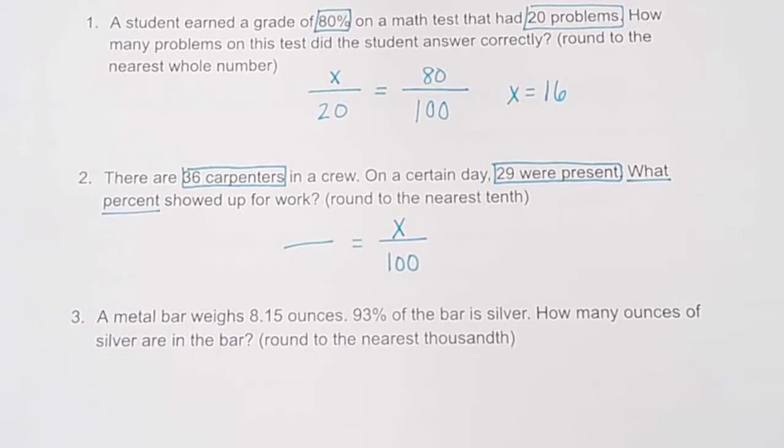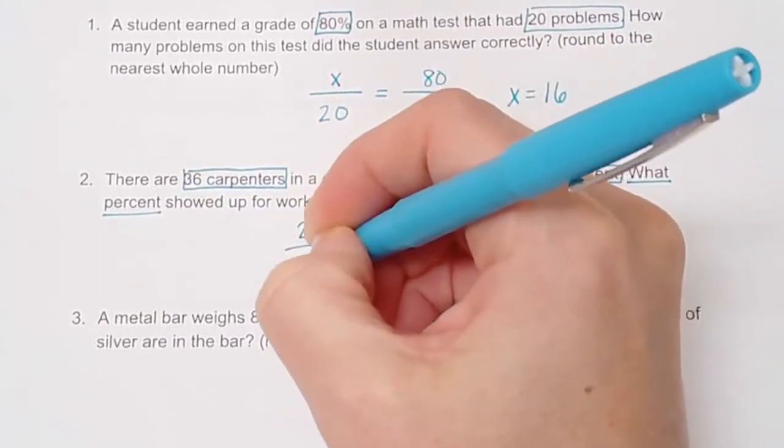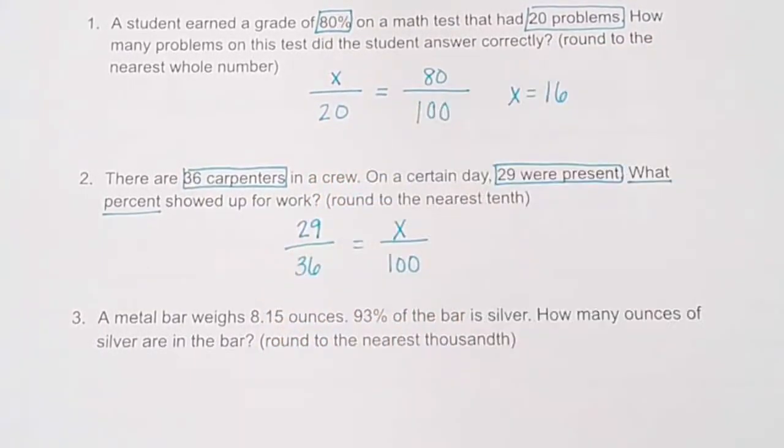So I've got 36 carpenters, and then I've got 29 were present. Okay, 36 carpenters is how many people are the entire, that's how many whole people should be in this group. Okay, 29 of them were actually there that day. So 29 is my part. 36 is my whole. 36 is the whole number of people on the crew. 29 is just a part of it. 29 is just the people that were there.